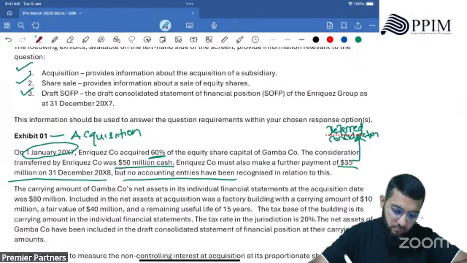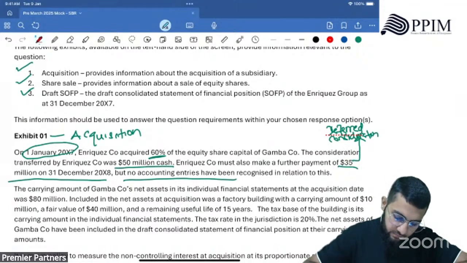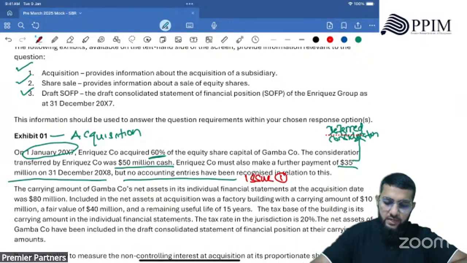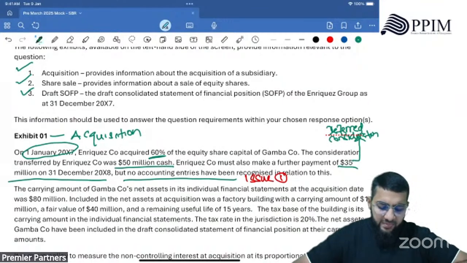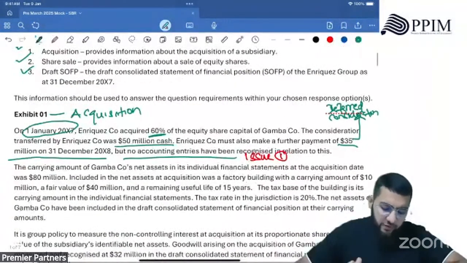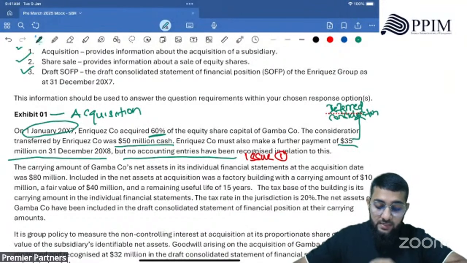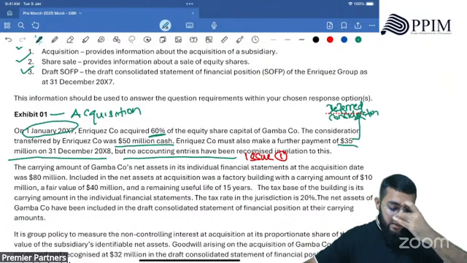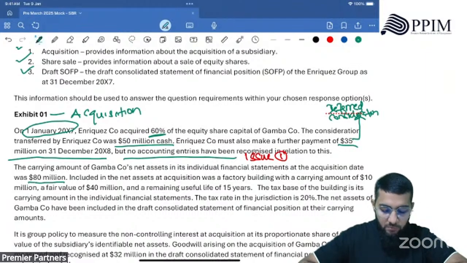Okay. Let me highlight this. Issue number 1. All right. Then the next, let's read further. The carrying amount of Gamba Co.'s net assets in its individual financial statements at the acquisition date was 80 million. 80 million, right? Important key information. Why?